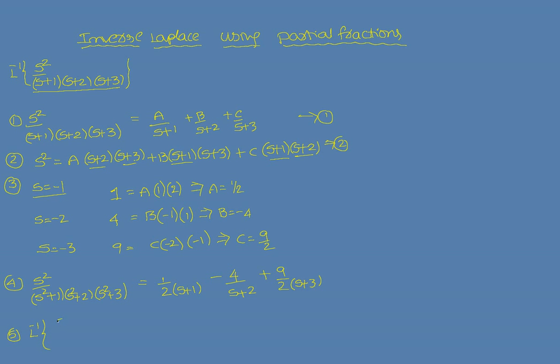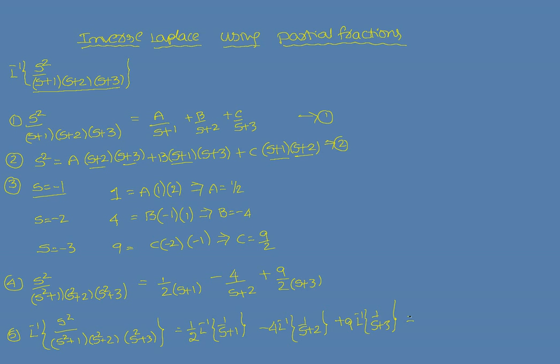L inverse of s square by s square plus 1 into s square plus 2 into s square plus 3 is equal to 1 by 2 into L inverse of 1 by s plus 1 minus 4 into L inverse of 1 by s plus 2 plus 9 into L inverse of 1 by s plus 3.